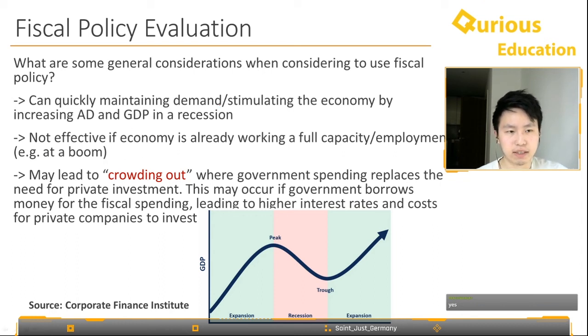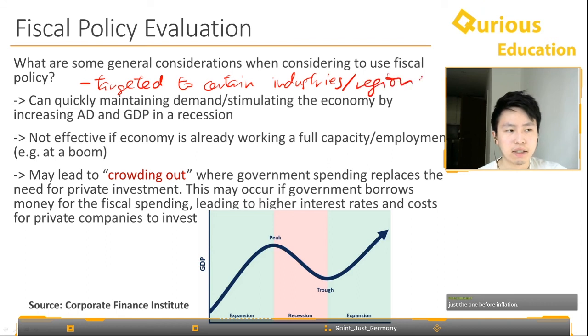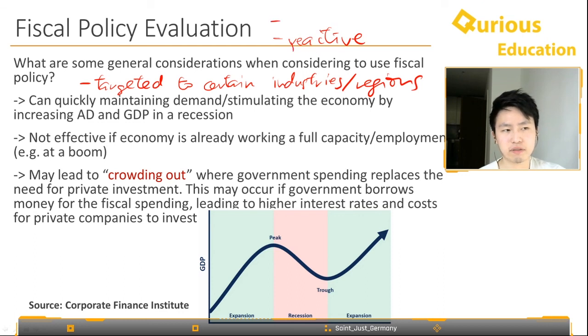So one of the advantages of fiscal policy is targeting. I'll put it here: targeted to certain industries or regions. Another benefit is that it's slightly quicker than supply-side policy to grow the economy, so it can be more reactive.